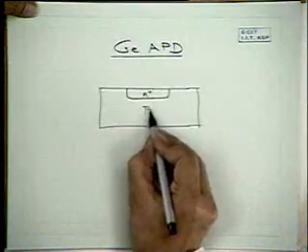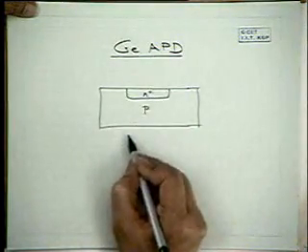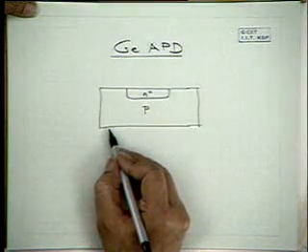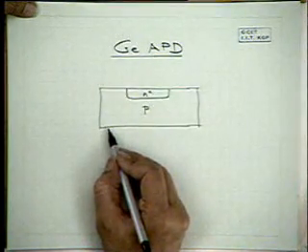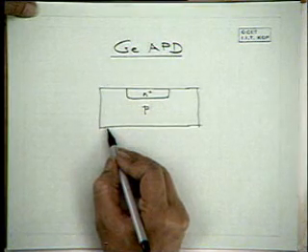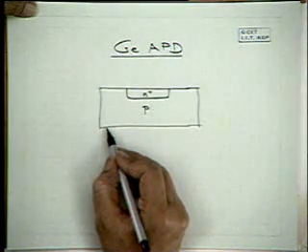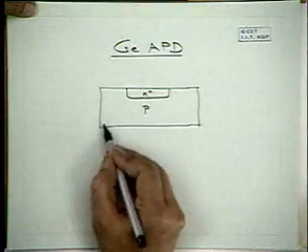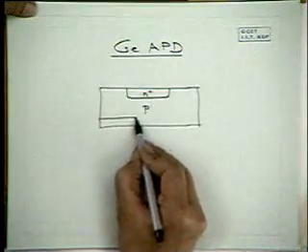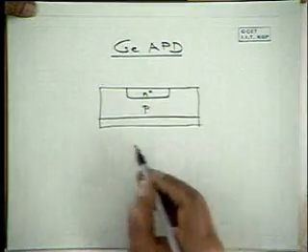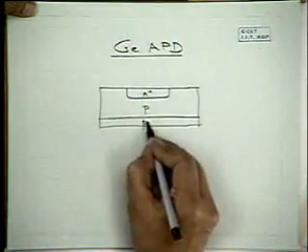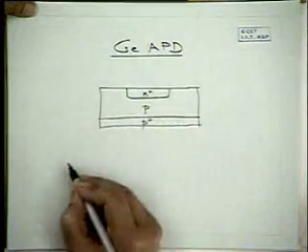This is the lightly doped P layer. This is effectively the I region.